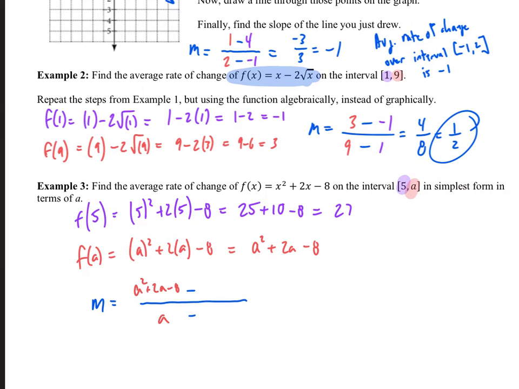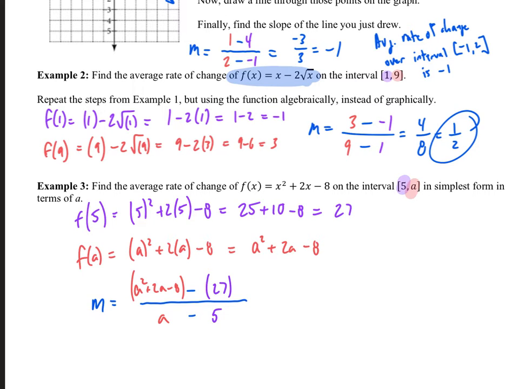Because that's all coming from one place, I do want to put that in parentheses up there. And then the first input was 5, so that's my x1, and the output for that was 27. I'm going to put that in parentheses too, just because of what we're doing up at the top.